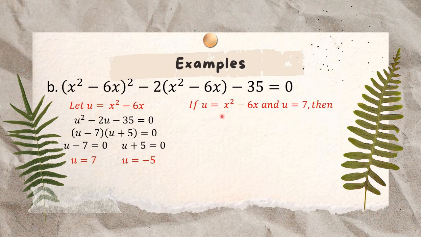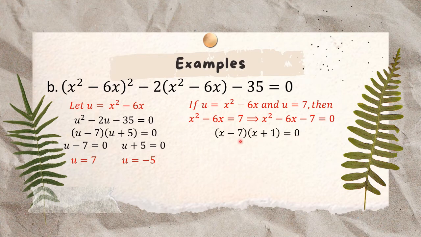If u is equal to x squared minus 6x and u is equal to 7, then we can have the equation x squared minus 6x is equal to 7. And we can write it in quadratic equation ax squared plus bx plus c is equal to 0 into x squared minus 6x minus 7 is equal to 0. And the factors of this quadratic equation are x minus 7, x plus 1.